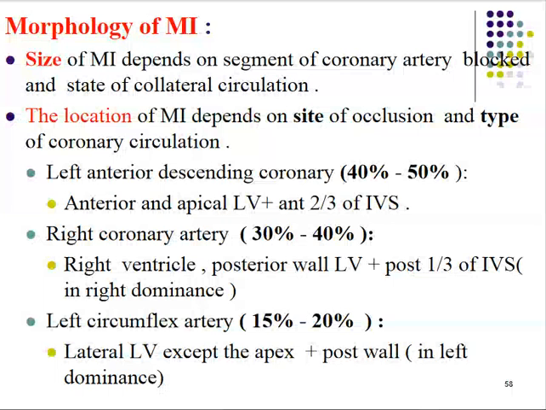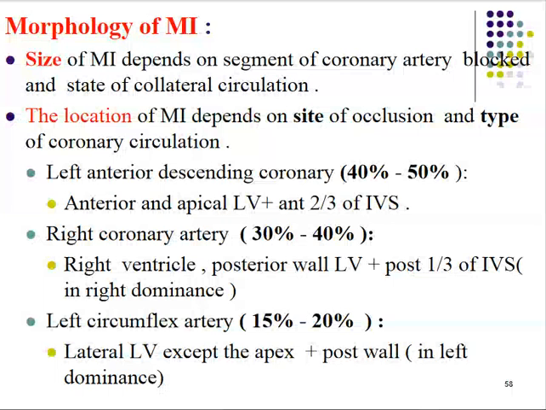When the right coronary artery is occluded, occurring in about 30 to 40%, this will result in infarction in the right ventricle, posterior wall of the left ventricle, and posterior third of the interventricular septum in right dominance. The left circumflex artery is involved in about 20%. This results in infarction in the lateral left ventricle, except the apex, and the posterior wall in left dominance.